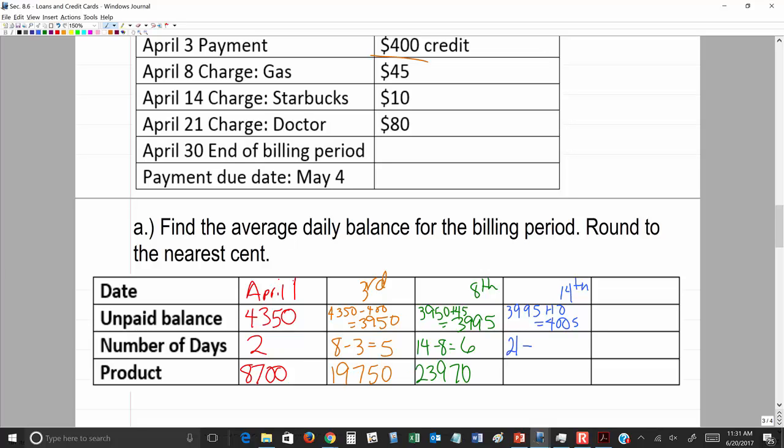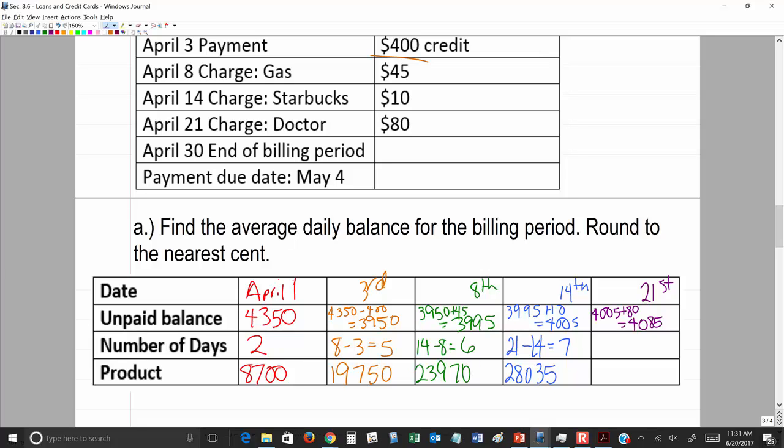So 21 minus 14 gives you 7, and you multiply 4,005 times 7, which gives you 28,035. Then on the 21st, you have another charge for $80. So 4,005 plus 80 equals 4,085.